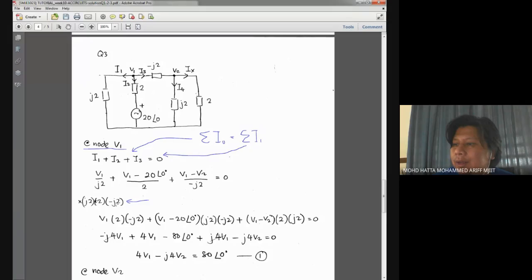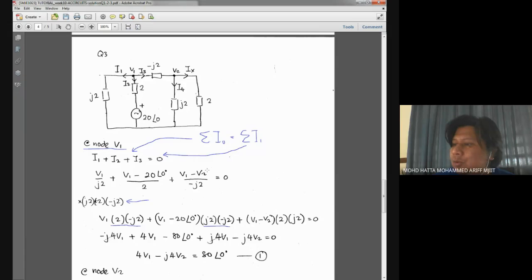If I multiply both sides with these terms, you see that the first one, V1, I will have to multiply with 2 minus J2. And for this V1 minus 20 degrees, with angle 20 degrees, I have to multiply it with J2 times negative J2.